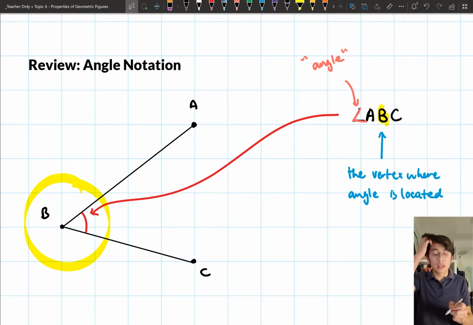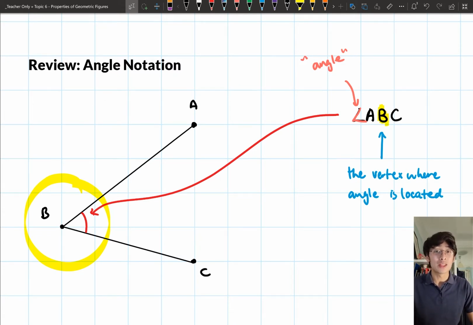And the 2 other letters just tell me where the 2 other lines of my angle are located. So here we're going from A, B to C. That's the angle notation that we're going to be using within this topic, so that's just when we're referring to angles later on. We're going to be coming back to this angle notation throughout this lesson, throughout this topic, when we're referring to specific angles.